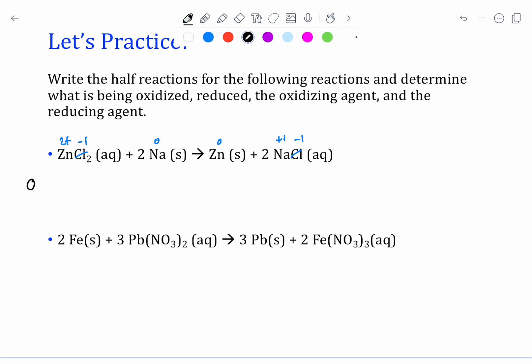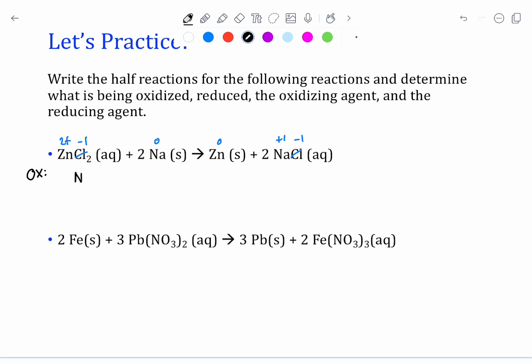So our oxidation half reaction is going to be between whatever is losing electrons, right? Oxidation is the loss of electrons. So we went from sodium 0 to sodium 1+. In order to get a +1 charge, we had to lose electrons.